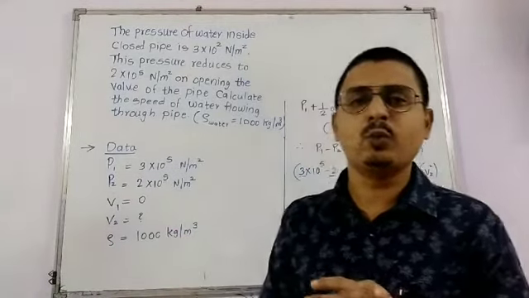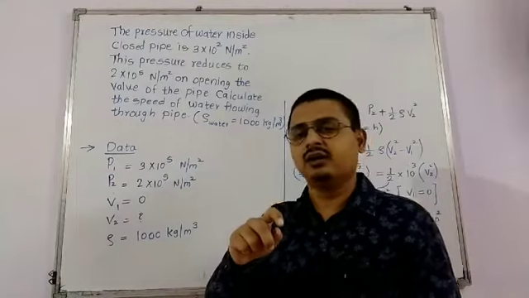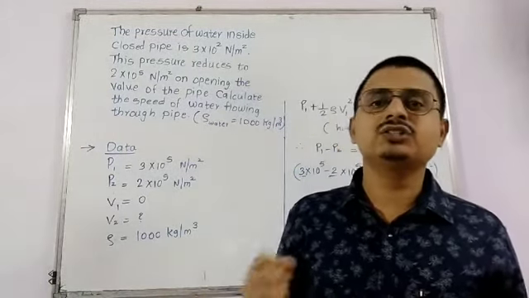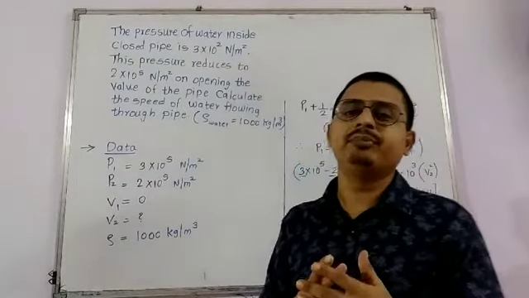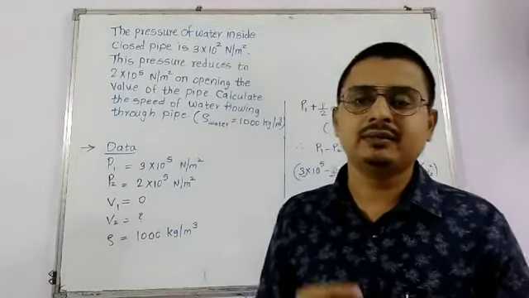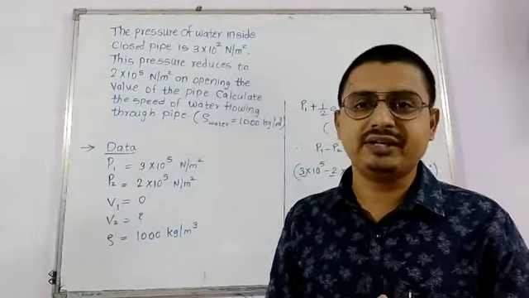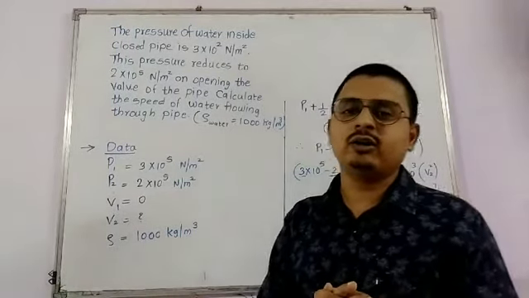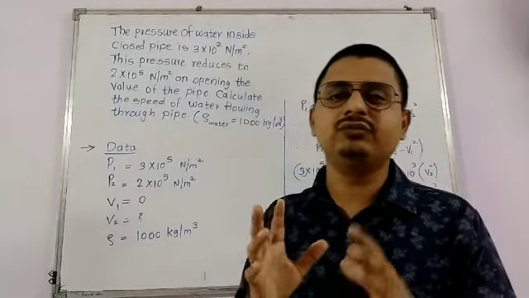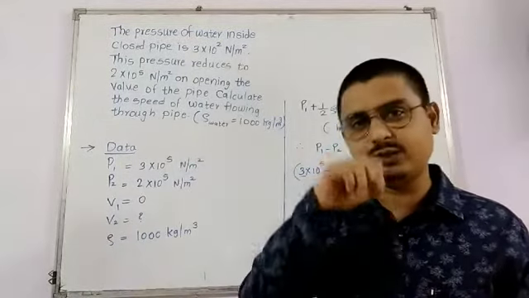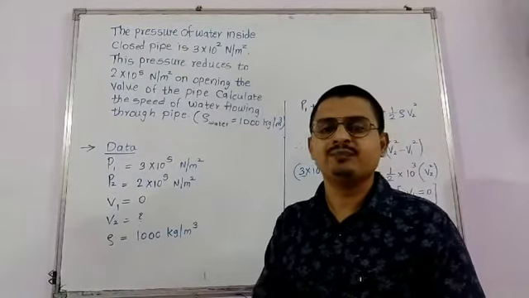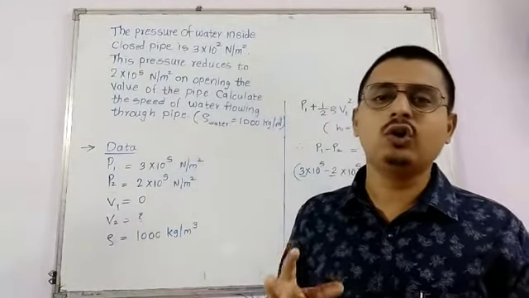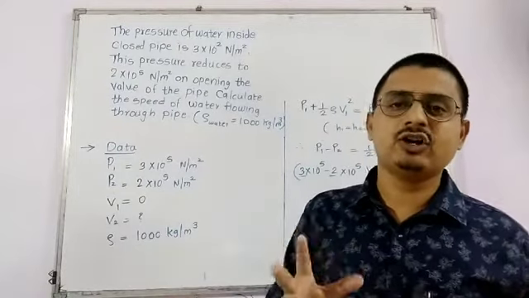As we have noticed so many times, कि अगर हमने valve को open कर दिया तो pressure reduce हो जाता है, और जिसके कारण जो fluid present है inside that pipe, that increases the velocity. In this case, the initial velocity of the fluid present in the pipe is 0. So here V1 is 0, and suddenly when the valve is open, there is a flow of the fluid जिसकी velocity हमें find करनी है.